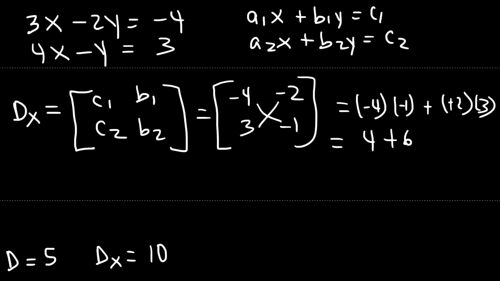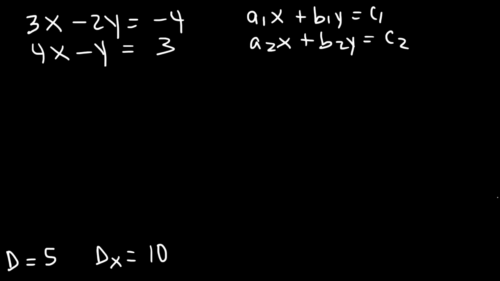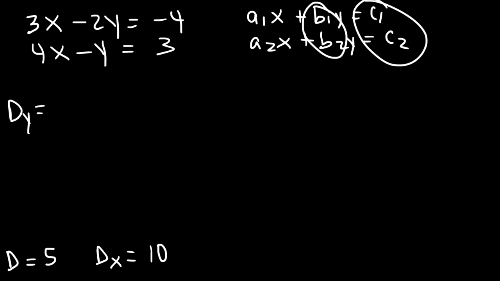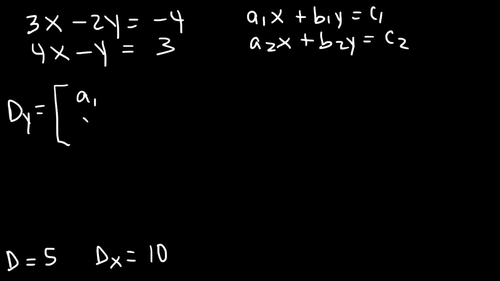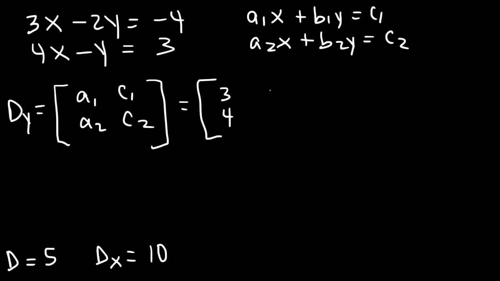Now let's go ahead and calculate dy. So the coefficients of y, we're going to replace with c1 and c2. So it's going to be a1, a2, c1, c2. a1 is 3, a2 is 4. c1 is negative 4, c2 is 3.